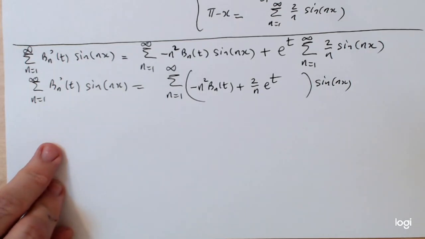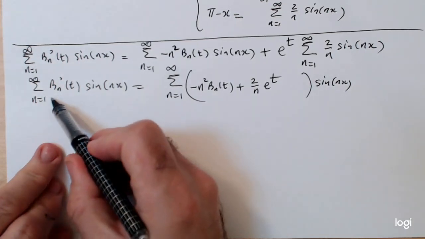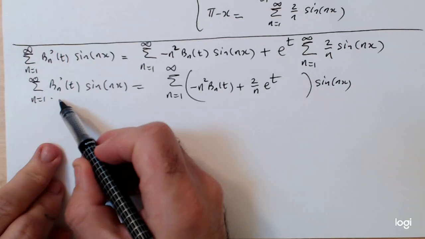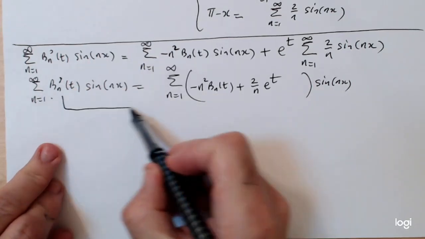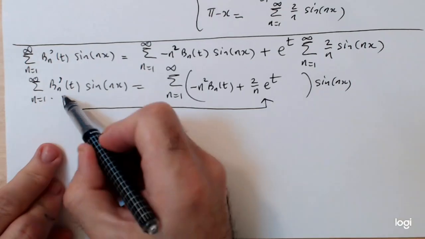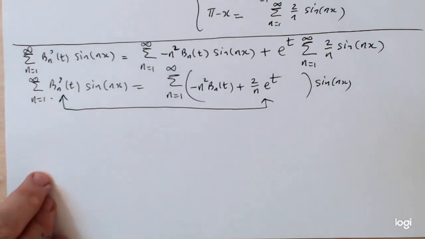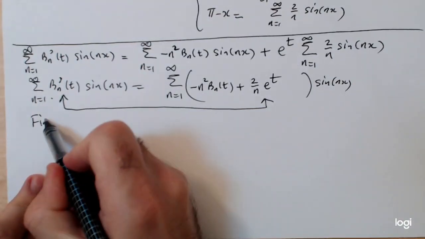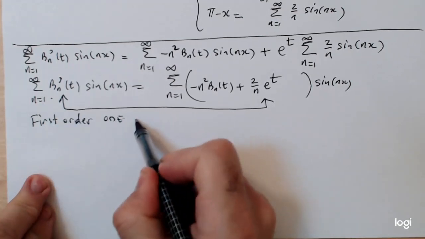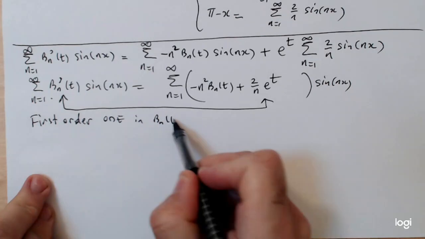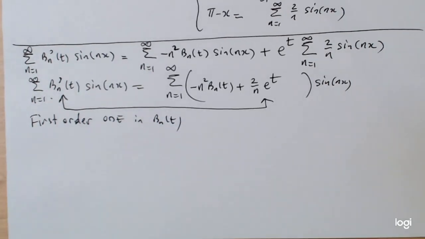Because you will end up with a means to find the appropriate bn of t. If you match these coefficients, you obtain a first order ODE in bn of t. And this is the step when you need that first order ODE to solve it.